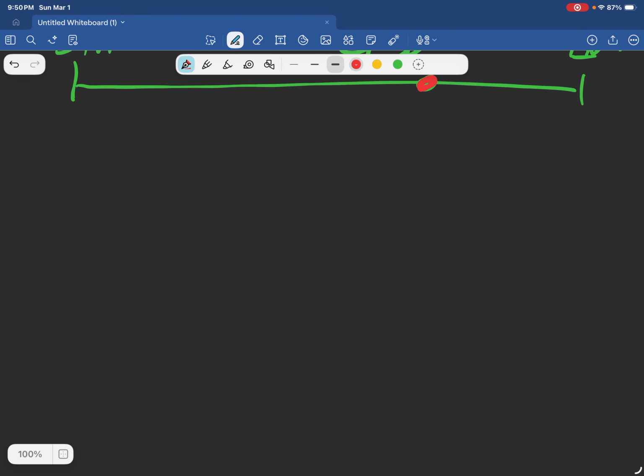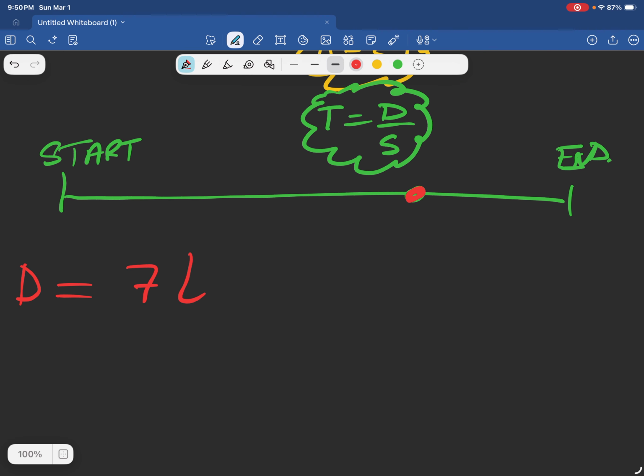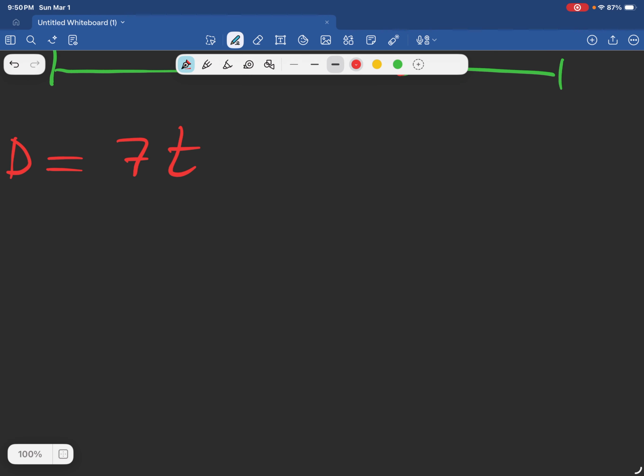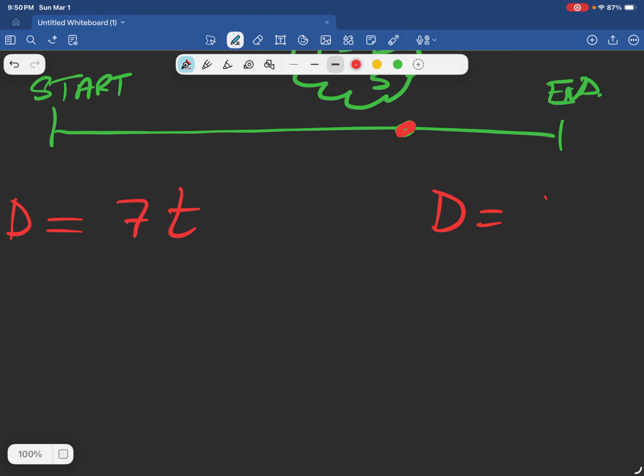So, the person on the left, which is Kana, his distance is equal to his speed, 7, times his time, t. However, this same distance covered by Kana is also covered by Jihan. But Jihan's speed is 8.